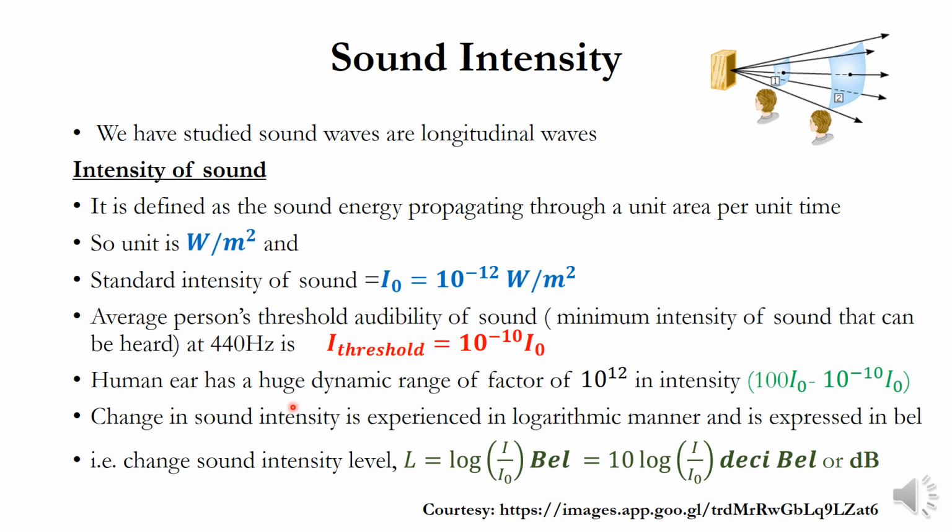The human ear has a huge dynamic range, a factor of 10 raised to 12 in intensity. That is, we can distinguish different intensities of sound over a very huge range, from 100 I0 to 10 to the power minus 10 I0. Change in sound intensity is experienced in a logarithmic manner and is expressed in the unit bel.